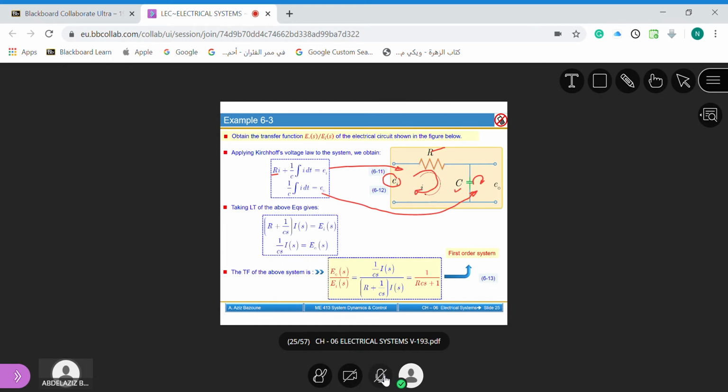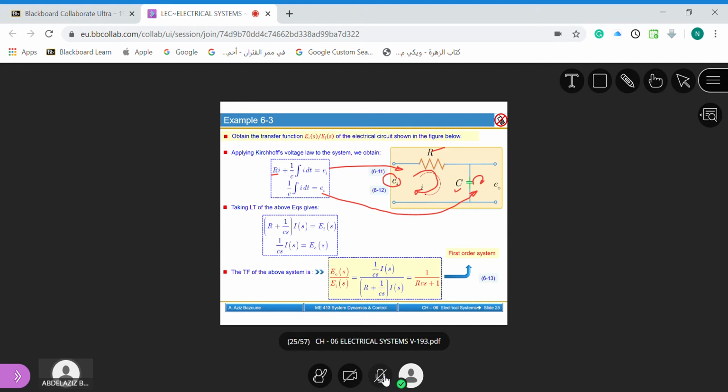Now, if we would like to take the output over the input, because the input is Ei and the output is E naught, and because we have i here and integral i, it will be difficult to separate them. So if you take Laplace transform, this will become an algebraic equation, and with an algebraic equation we can deal with it very easily and separate I from this.